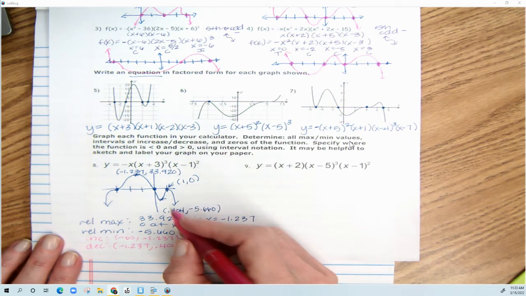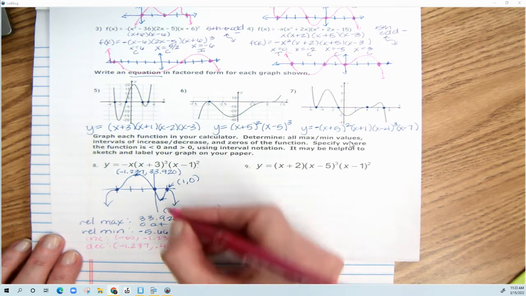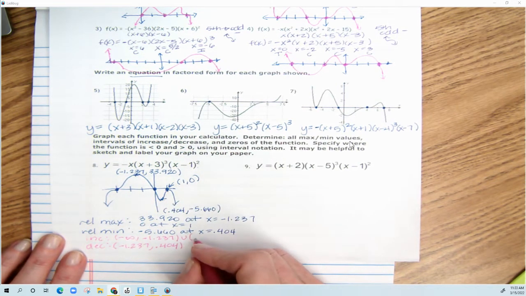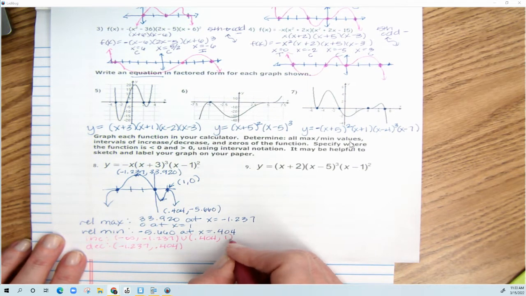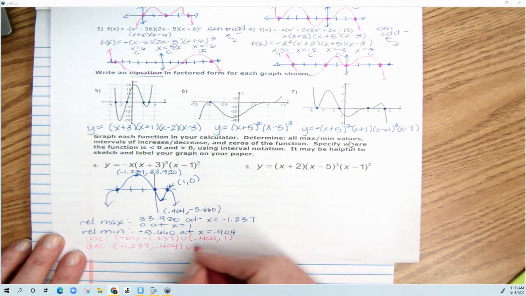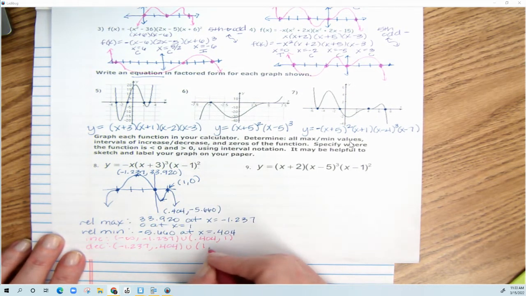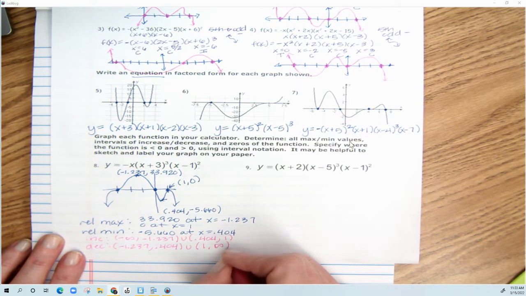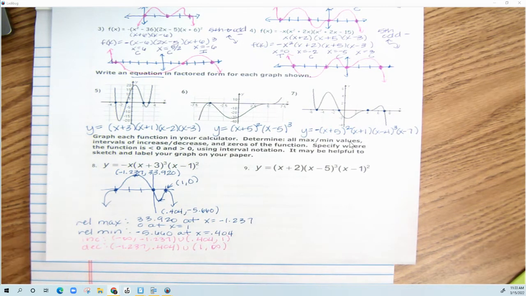Then it switches back to an increase from this x to this x, and ends on a decrease from this x to infinity. Even though it's going down, increasing, decreasing is left to right.